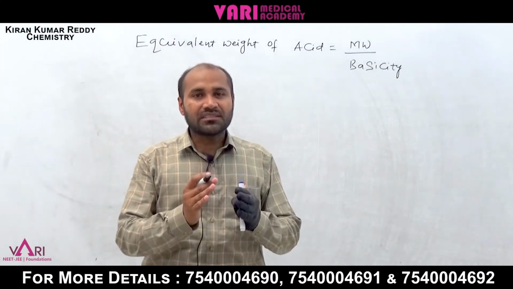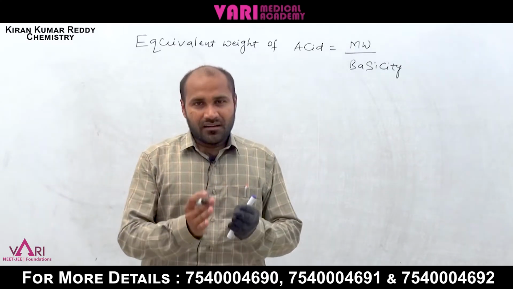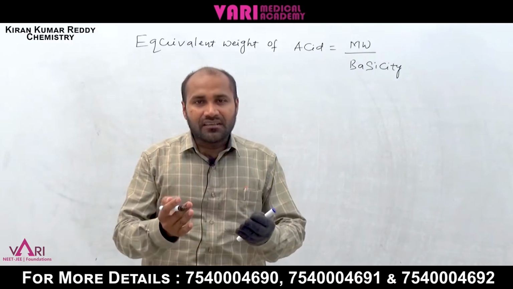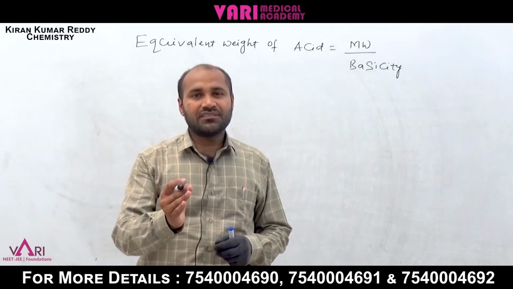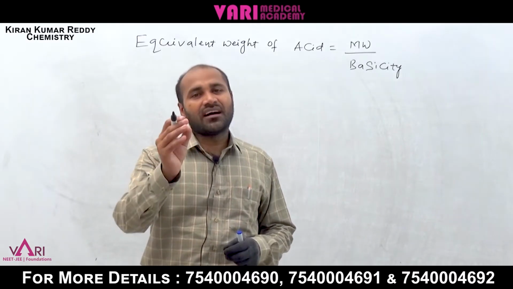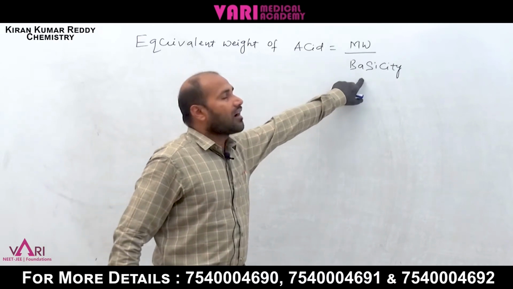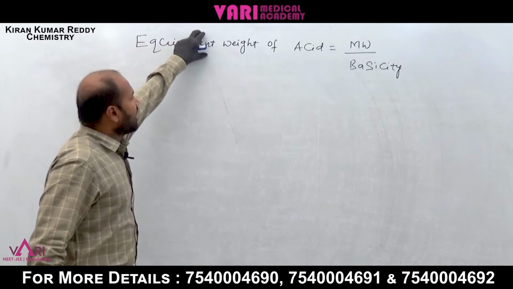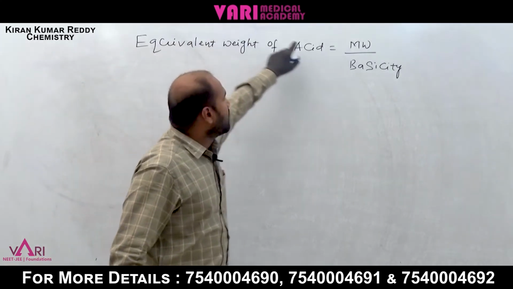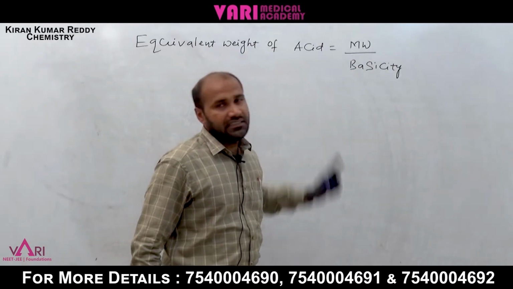Number of replaceable hydrogens in the acid, or if you take oxy acids, number of hydrogens joining with oxygen, that is called basicity of the acid. Remember, equivalent weight of acid is equal to molecular weight of the acid by basicity.